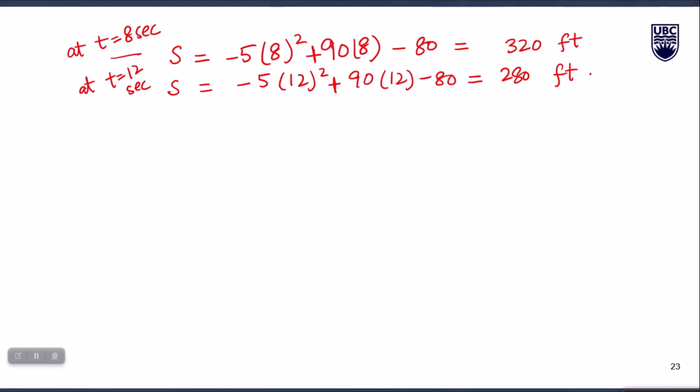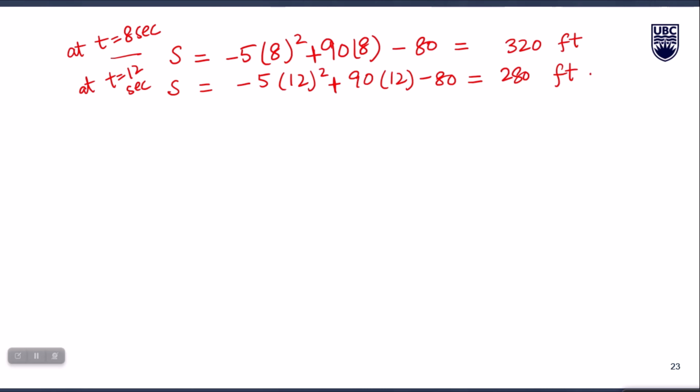So at t equal to 8 seconds, the distance was more, but at t equal to 12 seconds, the distance reduced, right? Which means somewhere between these two time instants, the particle changed its direction. If it was previously going away from you, now it is coming towards you, right? It reversed its direction.